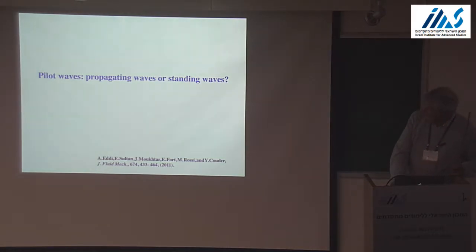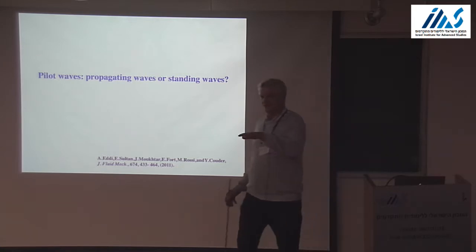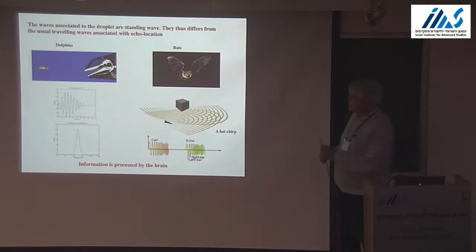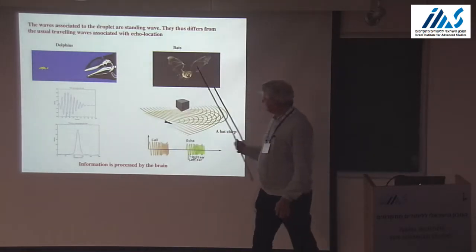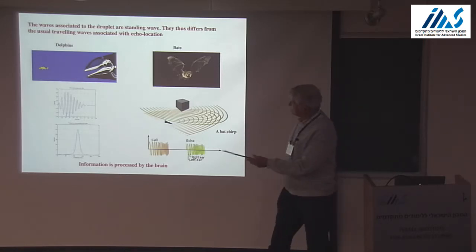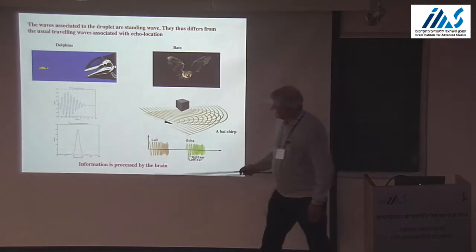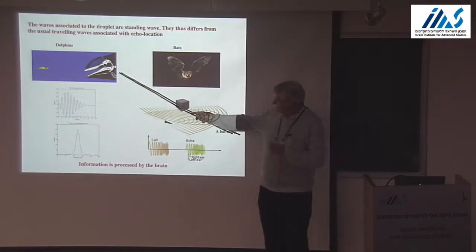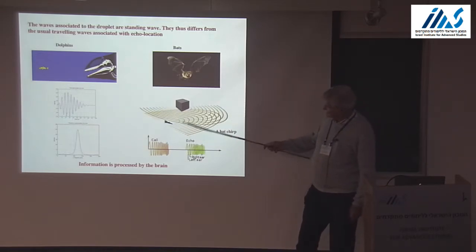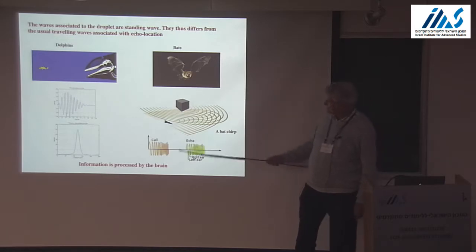Okay. So why did I say this? It's because in general, when you think of pilot waves, when you think of a system being piloted by waves, you think of animals, of bats, of dolphins, and in both cases, it is emission of a traveling wave that moves away, and by the reflection of these pulses of waves, the brain of the animal analyzes the reflection and understands where the obstacles are.